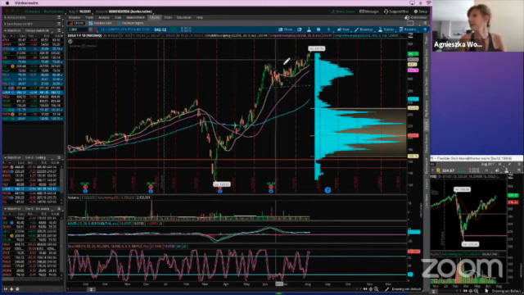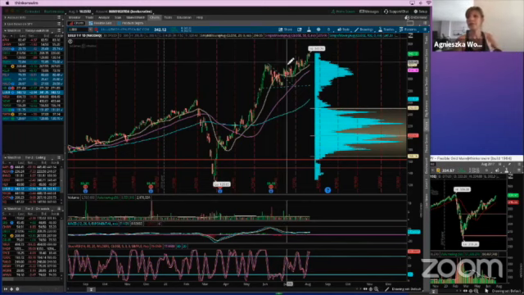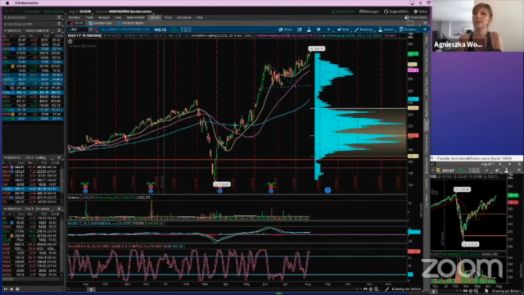I have Lulu also on here because I have an alert in my trading platform that will let me know if this stock goes over this price so that I can take it over the high. And if this is your setup, because there are different ways to trade breakouts, you will be taking it over the high.